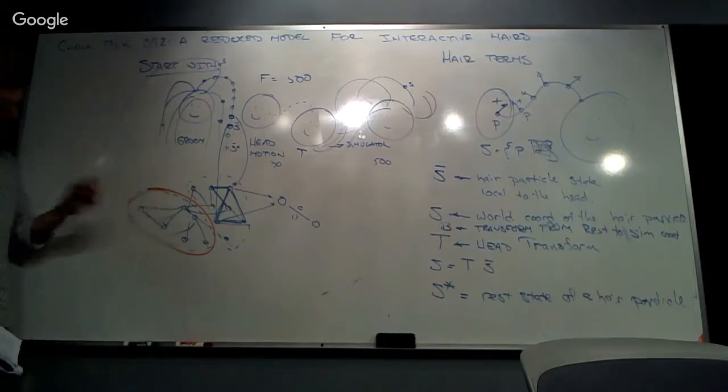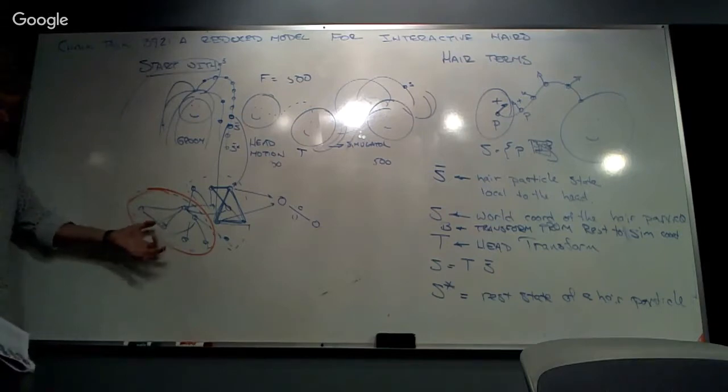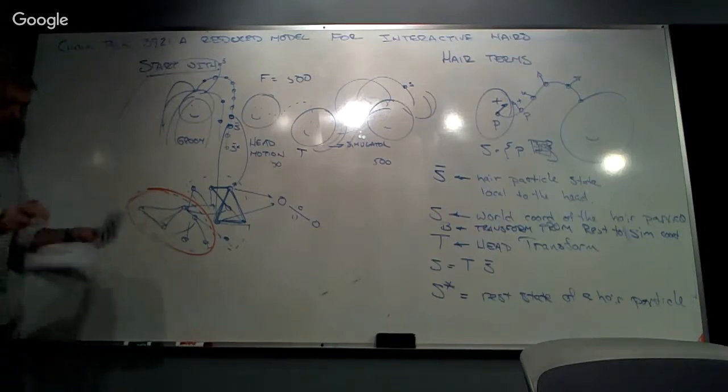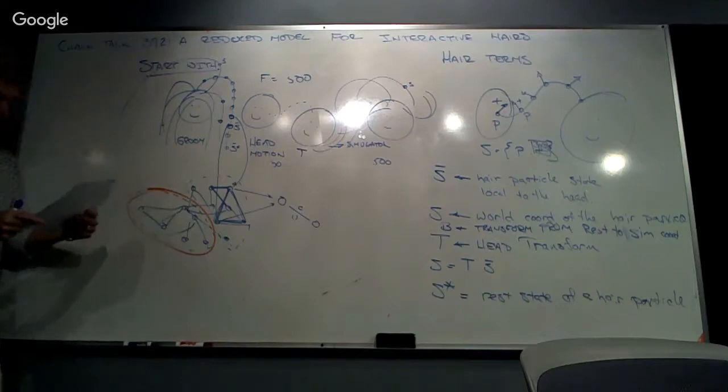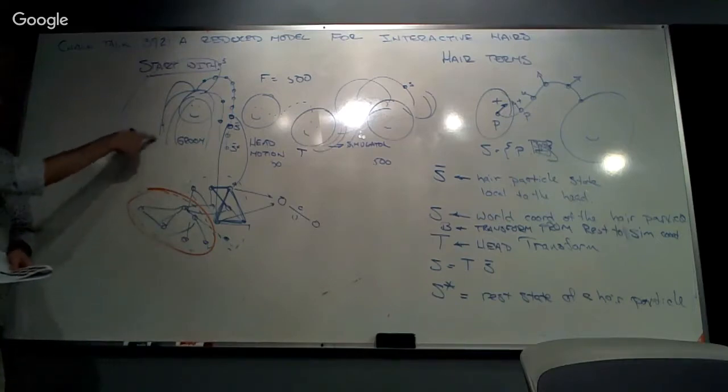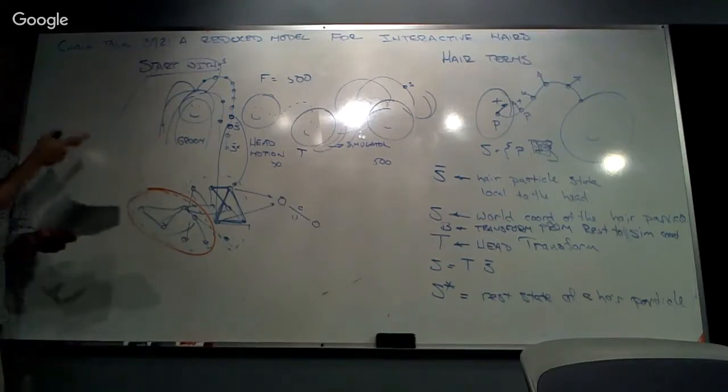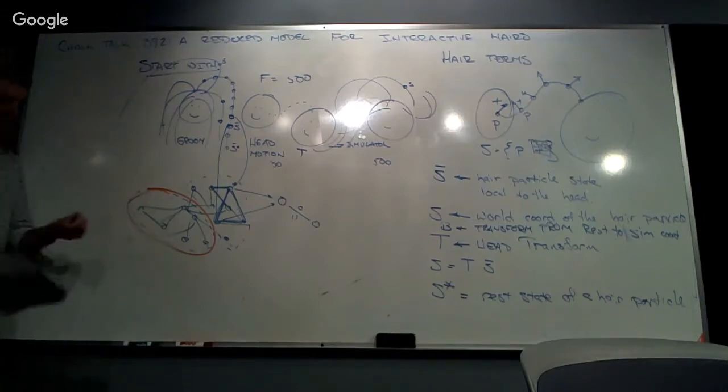Because we only want one guide hair out of these. Remember, this can have a lot of hairs in it. You can have 50 or 100 or however many hairs. It's the number of hairs divided by the number of clusters, right? And that's how many hairs, hopefully, you'll have.